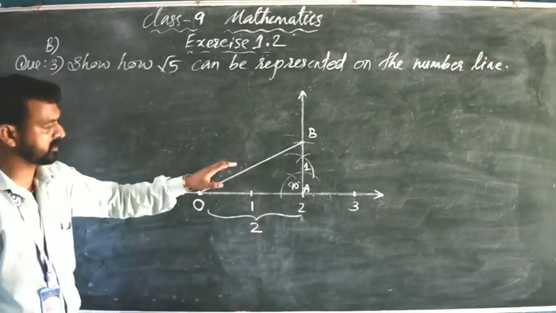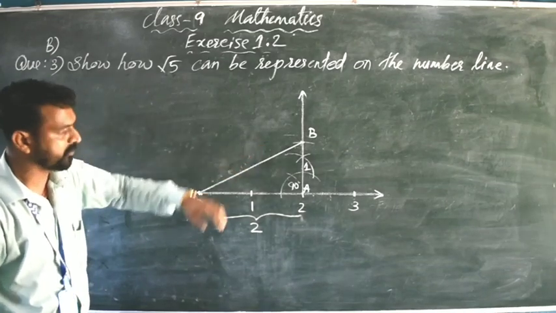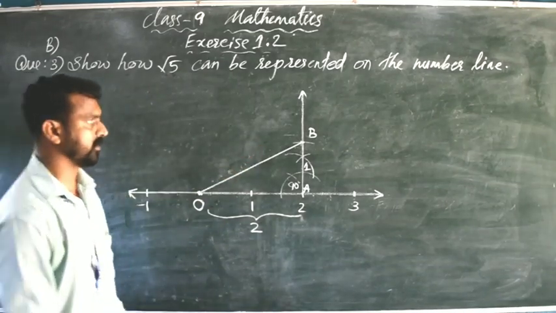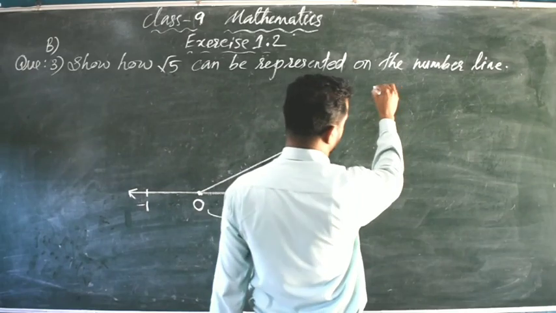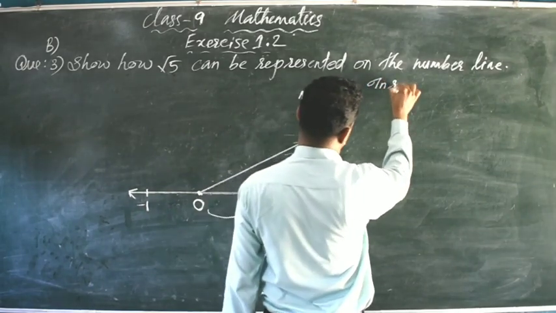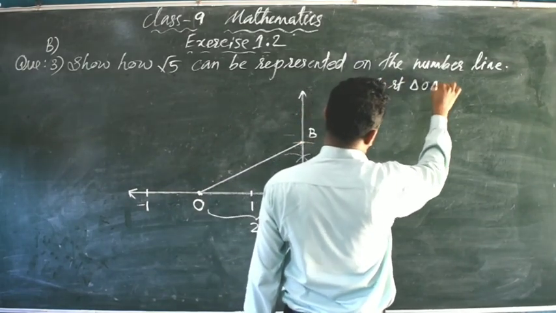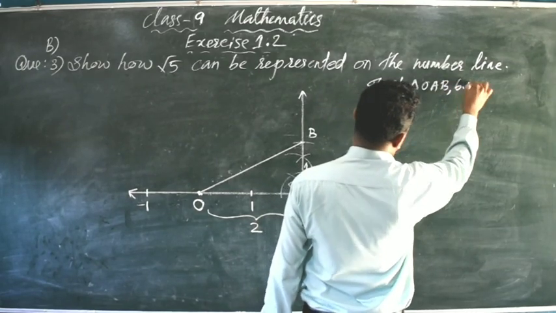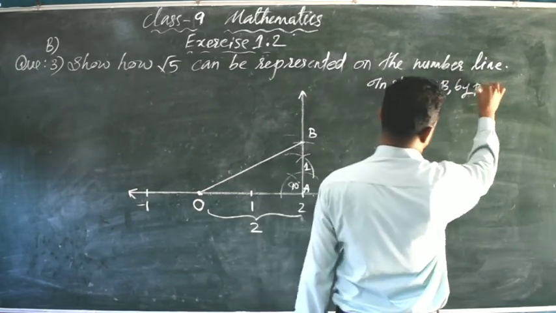By using Pythagoras theorem, now you will find out the length of OB, that is the hypotenuse.